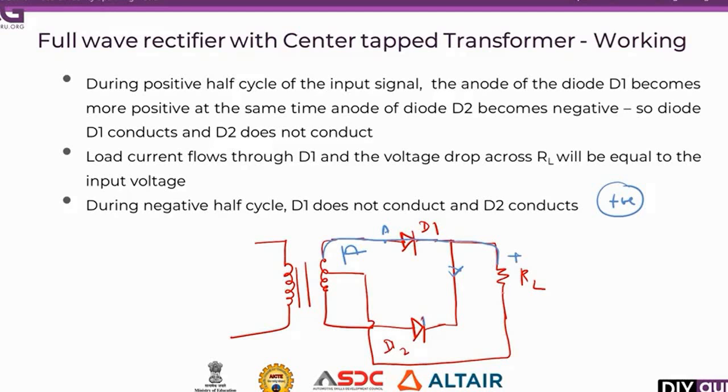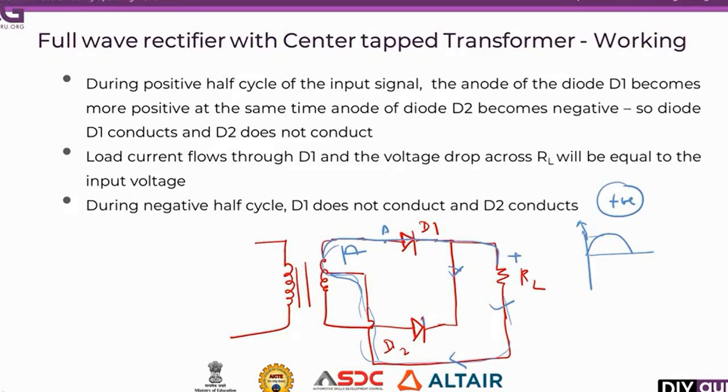Current flows through the positive of the load, then it reaches the center tapped transformer, and current will be circulating in this fashion. So during positive of the load, my output voltage will also be positive. As we already said, the amplitude will be slightly reduced when compared to the input because of the voltage drop in the circuit. This is about the positive half cycle.